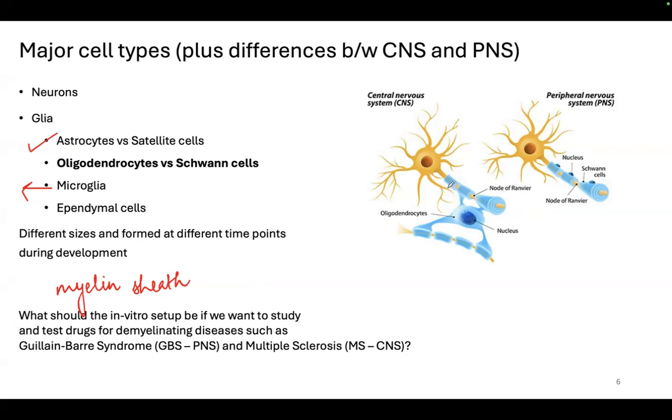What happens at these nodes of Ranvier is there are sodium ion channels. Sodium ion channels control the local concentration of sodium outside the cell. In neurons, you will mostly see sodium and potassium ion channels, although there are also chlorine ion channels. But the main player is sodium. Sodium is more on the outside of the cells.